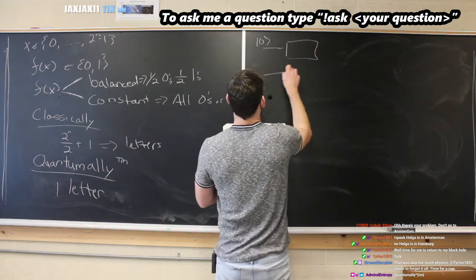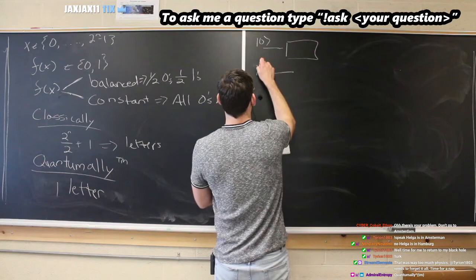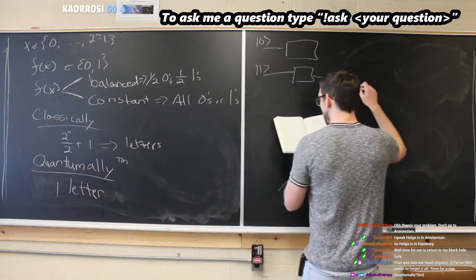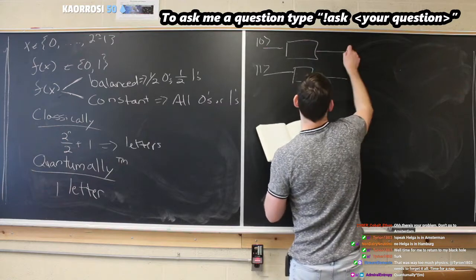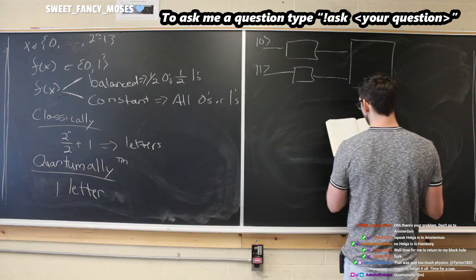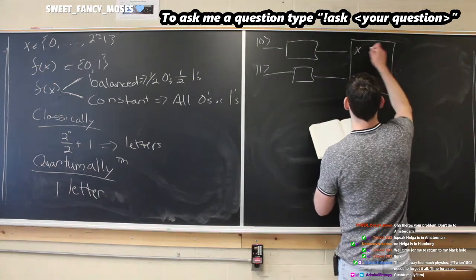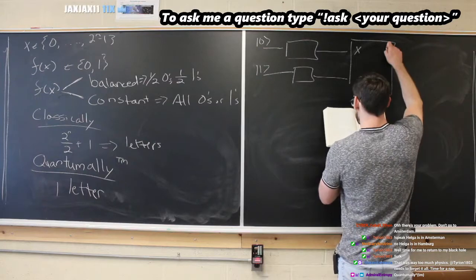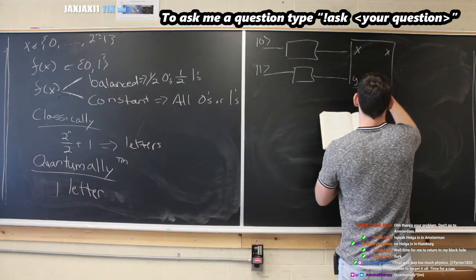So let's draw the circuit. Similar to Deutsch's algorithm, there's going to be one major difference with this one, and that is that Alice is now going to have 2 to the n qubits, or 2 to the n minus 1 qubits or whatnot. So let's get this all drawn up.